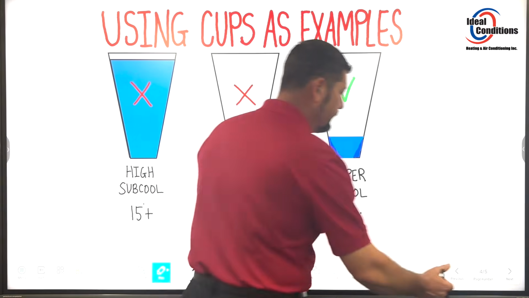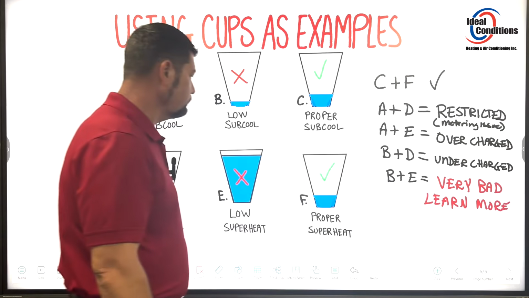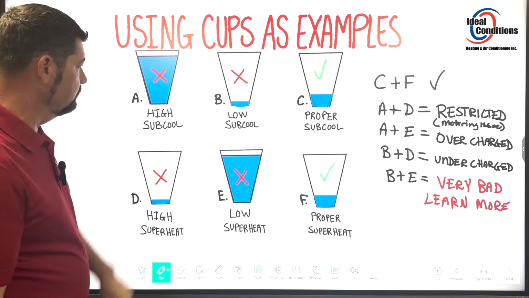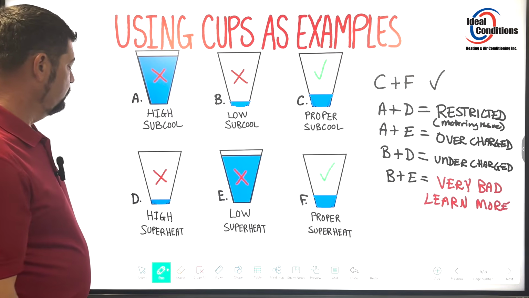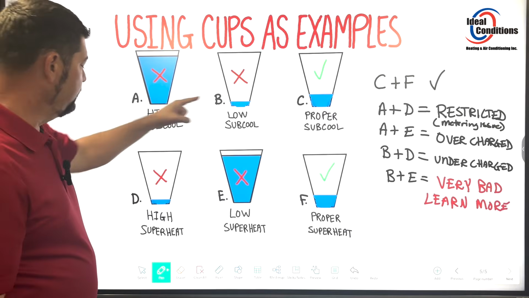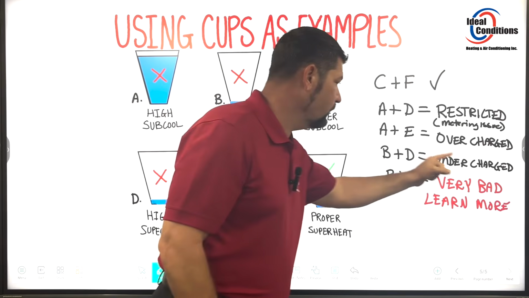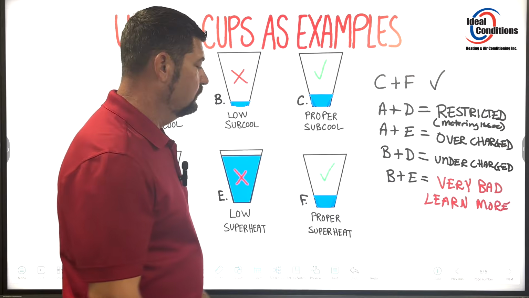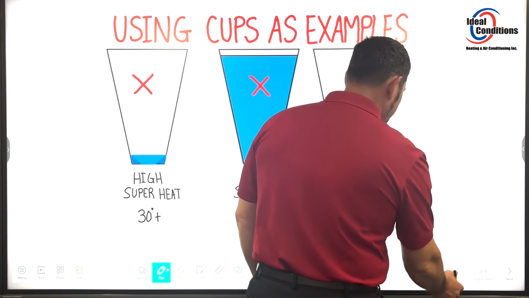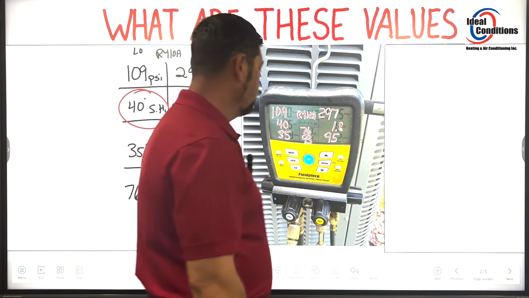What does that combination mean? A low subcool, which would be B, with a high superheat, which would be D. B plus D equals undercharged.